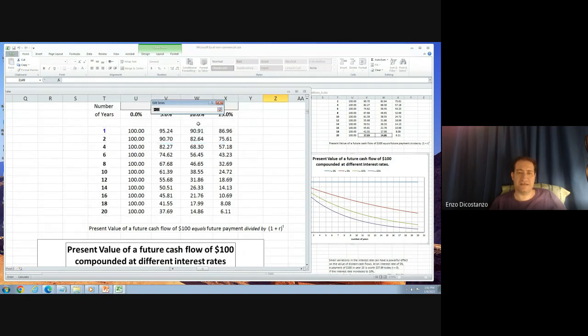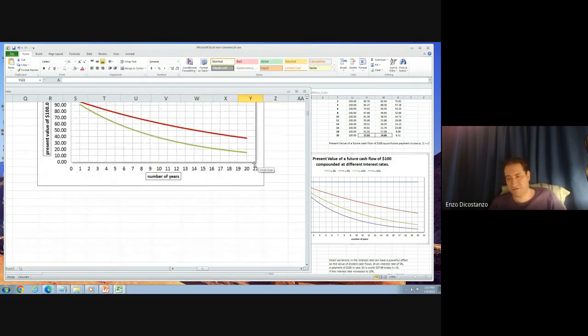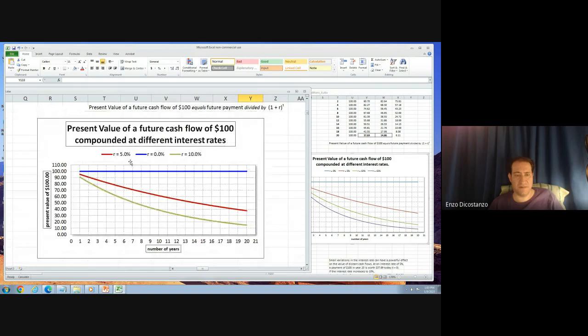This is that thing. That's 10%, right? This is R equals 0%. Okay. That's your 10% one.